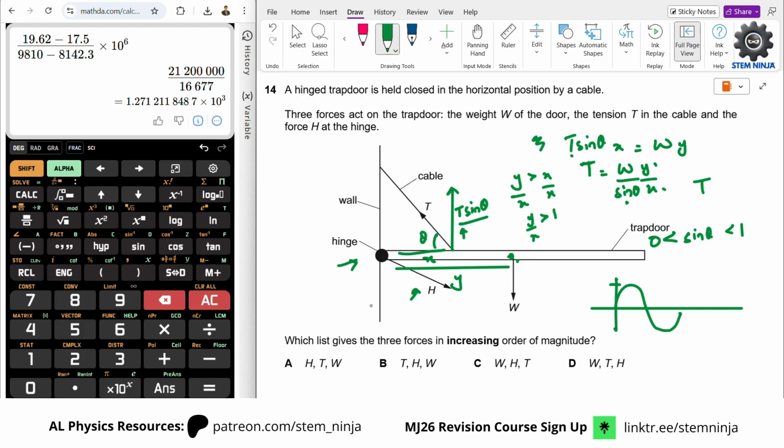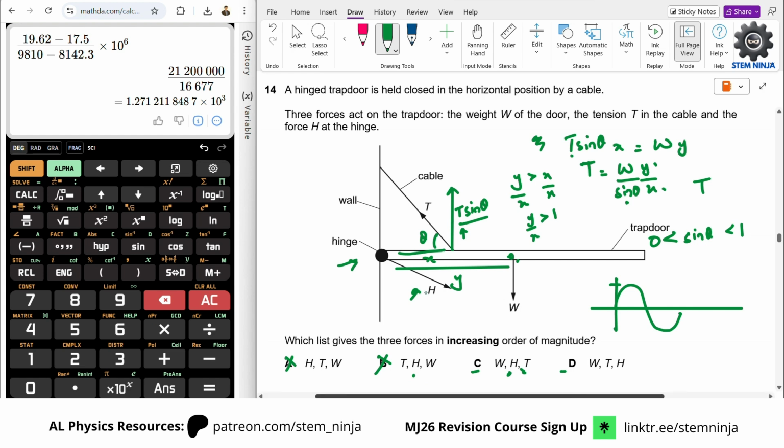H would be in between them actually. So H in between, and tension higher than weight. So tension is always higher than weight. If you think about this, tension higher than weight, this would cancel out. This would cancel out. So you will have C and D to check.